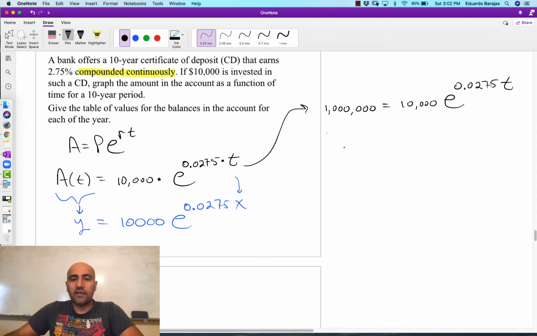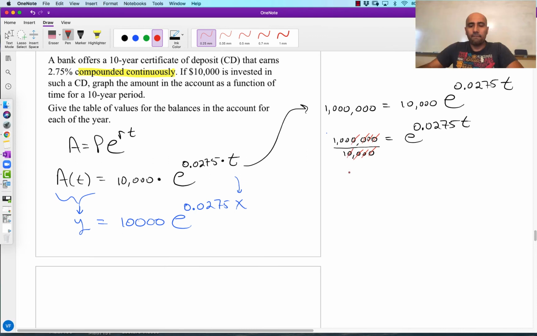Let's divide both sides. So we get 1 million. Really it's only going to be 100. So we get 100 equals e to the 0.0275t. And from our work with logs, we know that we take the log of both sides.